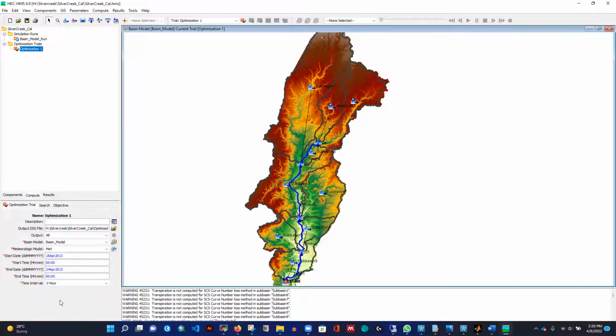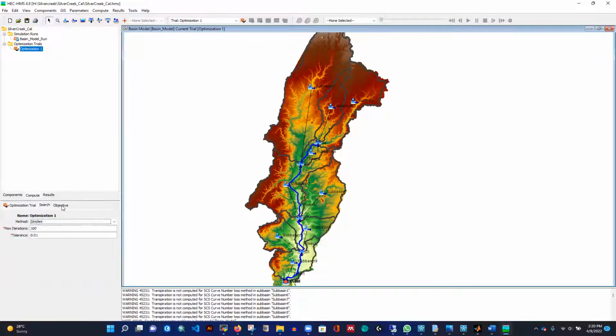Okay, so the time interval is 1 hour. We can keep it 1 hour, or we can keep it 15 minutes. Usually I do it for 15 minutes, right? So we have this, and everything is there. For this one, we can use the same thing again. It should be 0, 0 hour. The ending time should be the same, but this should be 24. Okay, ending time. So that's it.